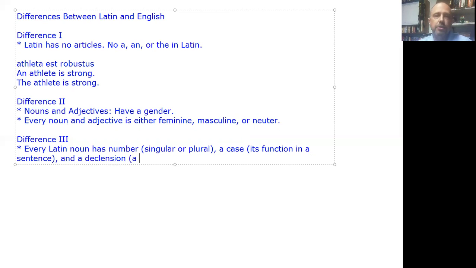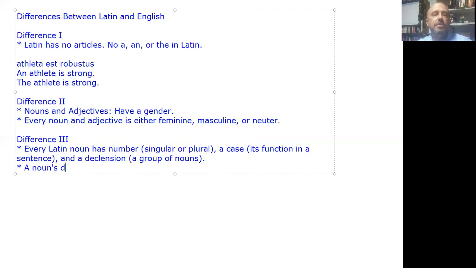English doesn't have declensions. And a declension is a group of nouns classified grammatically. Okay, and then how do we tell which declension a noun goes with? We tell by the ending of the noun, right?